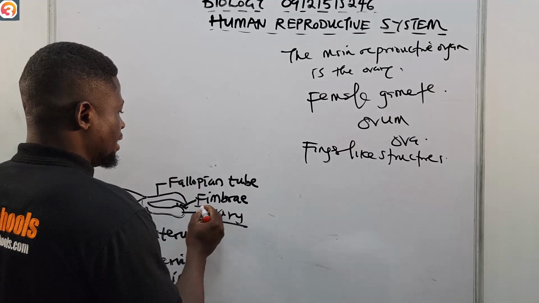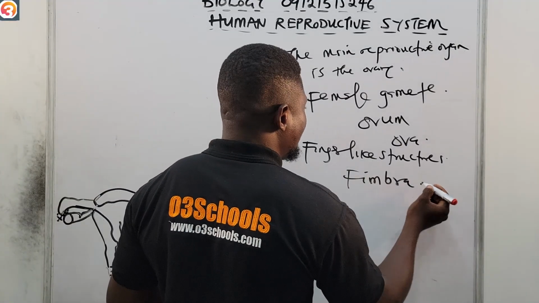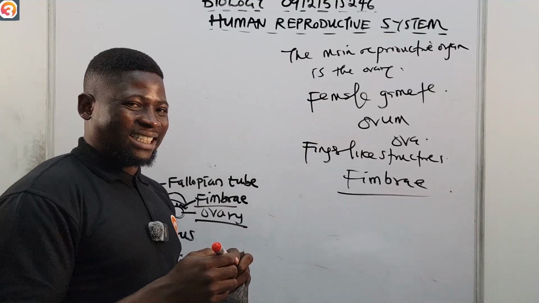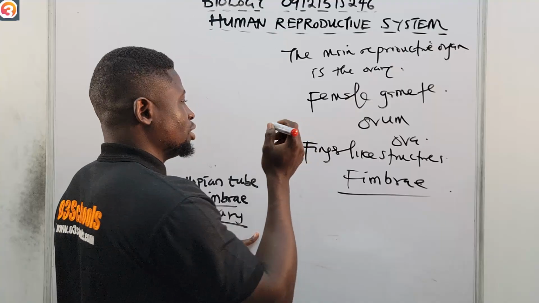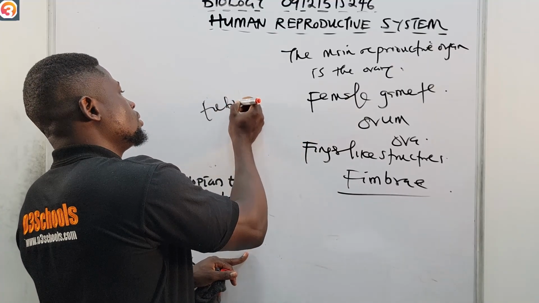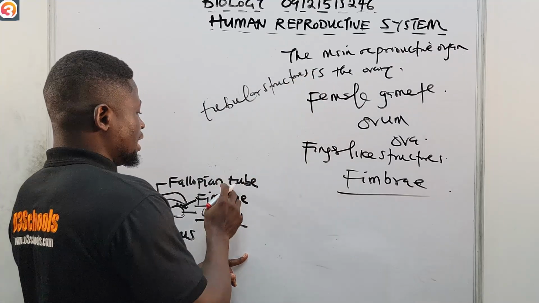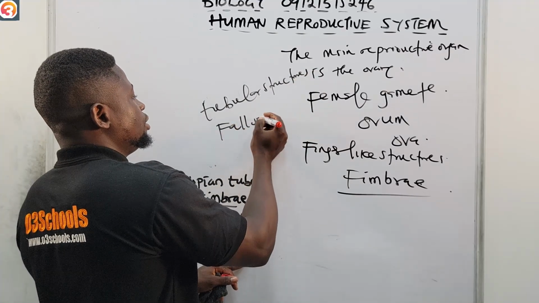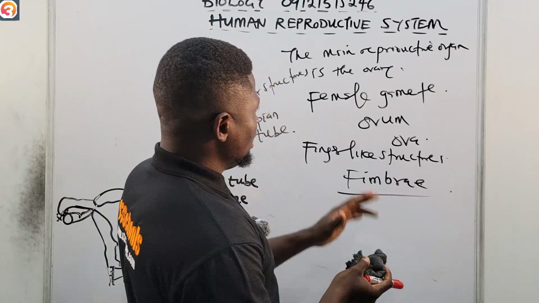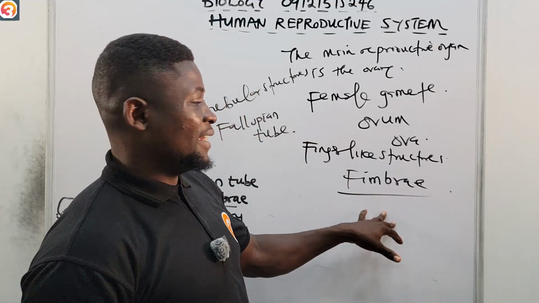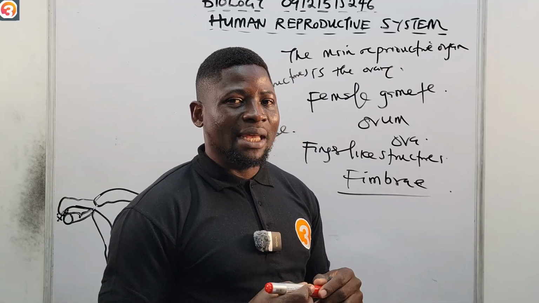After the fimbriae, we see tubular structures known as the fallopian tube.